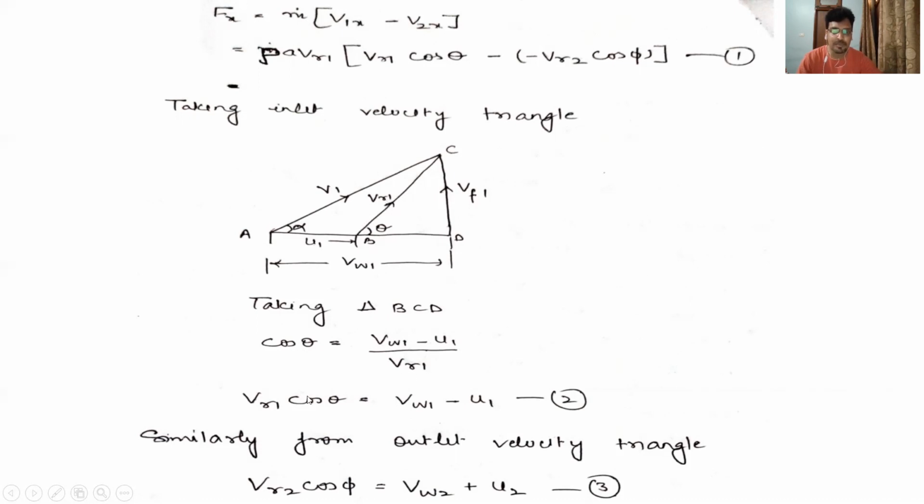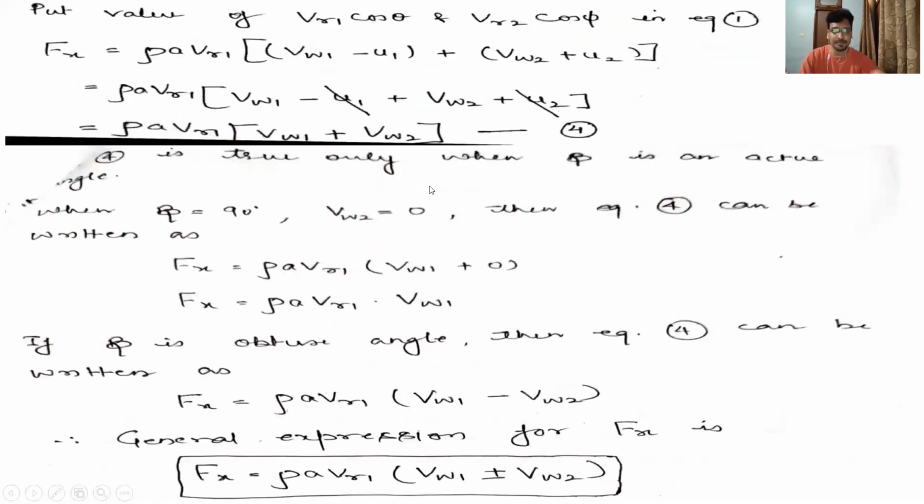So Vr1 cos theta equals VW1 minus U1. Let this be equation 2. Similarly, from the outlet triangle, Vr2 cos phi equals VW2 plus U2. We find this value from the outlet triangle, similarly as in the case of the inlet triangle.